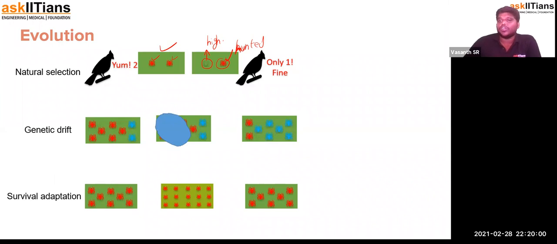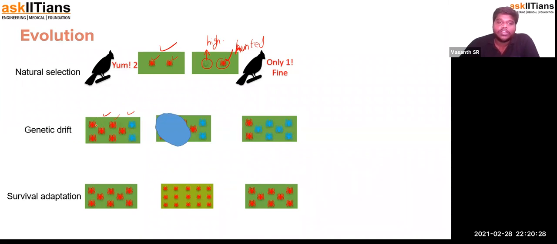In the next scenario, you can see there are two different types of organism living, one type of organism with two distinguishable traits. Here one bug is red in color, another bug is blue in color. Here it is not with respect to color. It is an accidental, unexpected event which changes the ratio of organisms that exist.